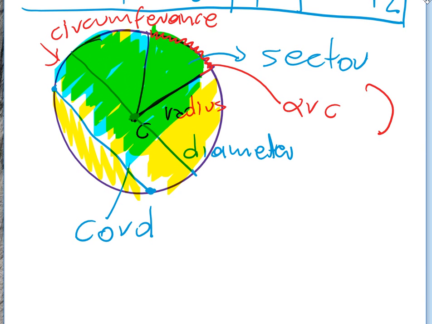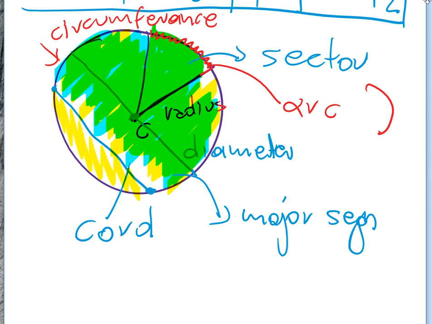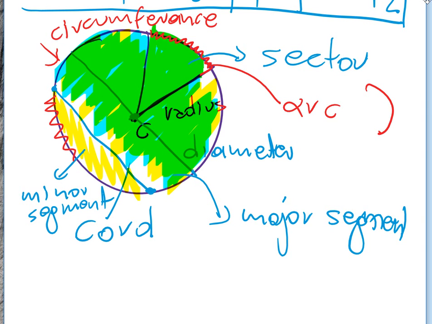So that is the major segment, the biggest, that's what means major, and minor, smaller segment. Okay, in the same manner, this part here is the minor arc, and this part here is the major arc.